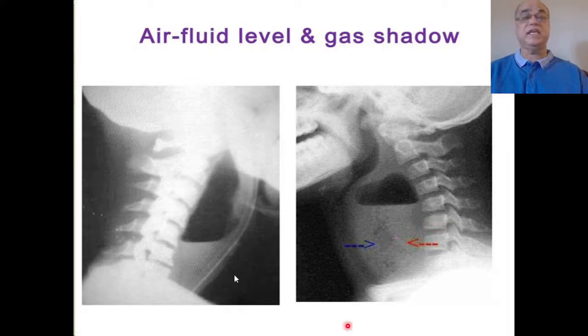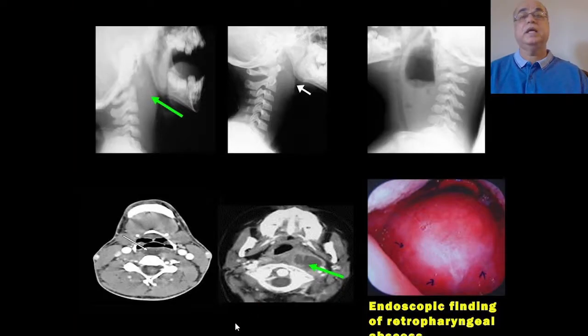So it is significant here. Again, air fluid level is there, and here the soft tissue shadow is increased. And this is on CT scan. You can see the pus formation there.